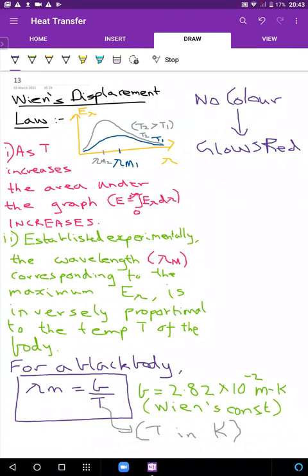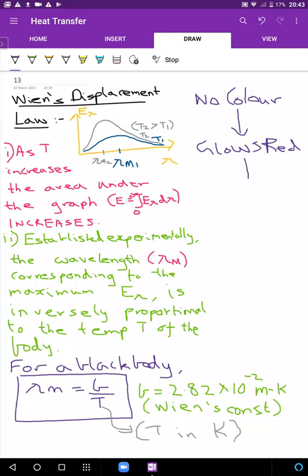That's why when you heat an iron object, after a certain point it glows red, because that object is now at a temperature where the maximum wavelength corresponds to the red end of the visible spectrum. Understood?